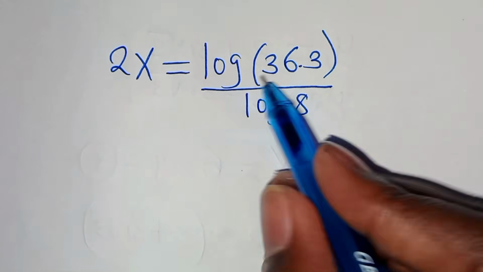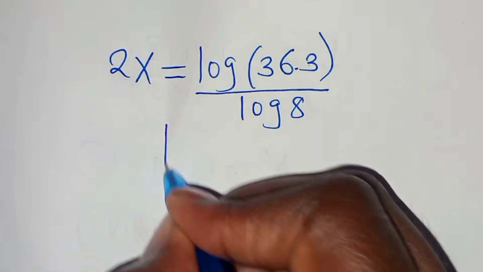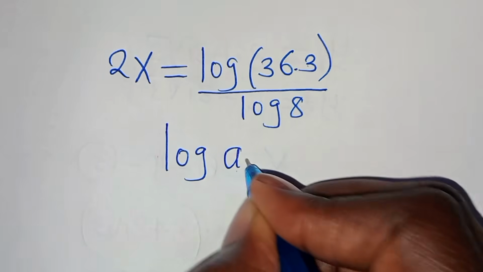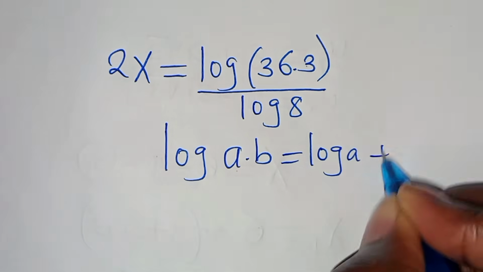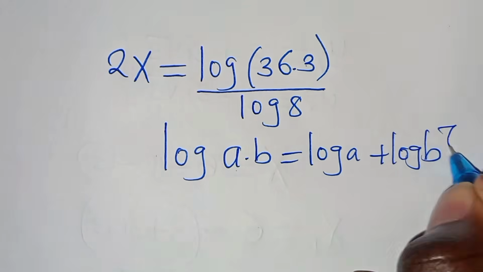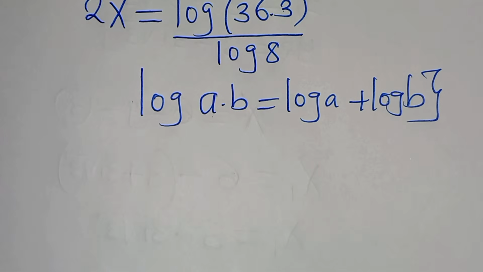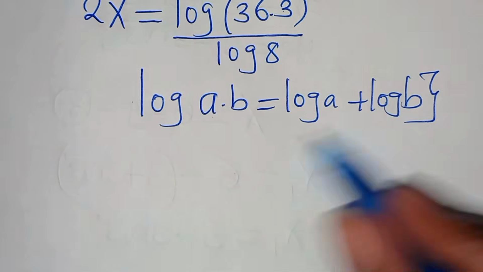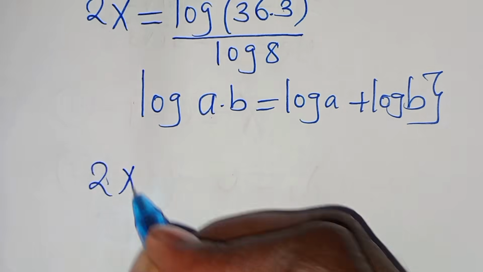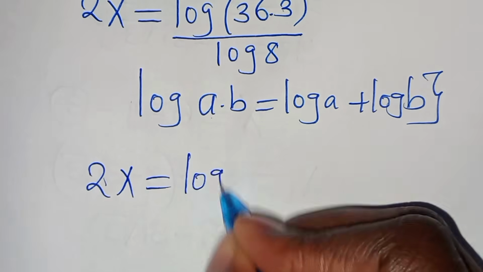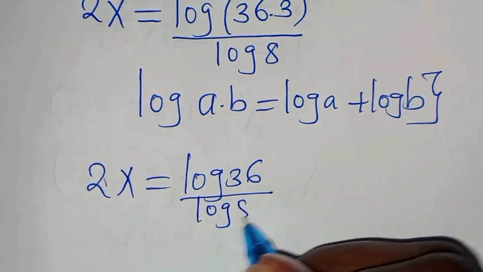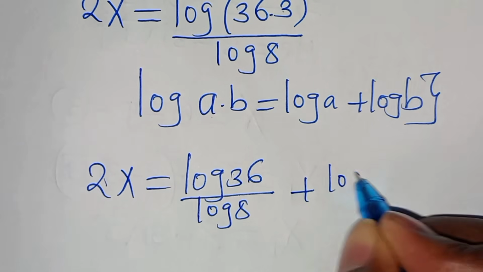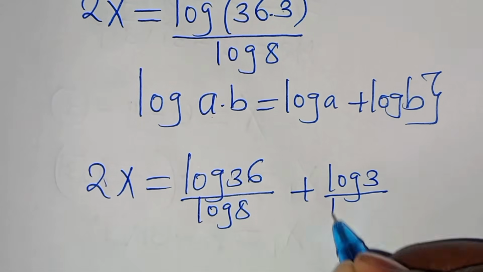Now we have that log 36 times 3. This is in the form of log a times b, which can be expressed as log a plus log b. Applying this logarithm property, we have 2x. This is equal to log 36 divided by log 8, then plus log 3 divided by log 8.